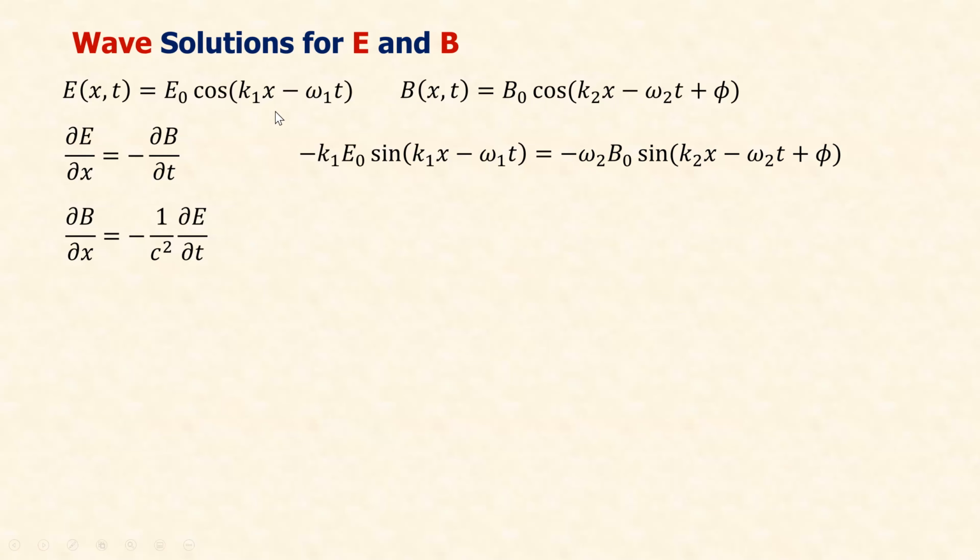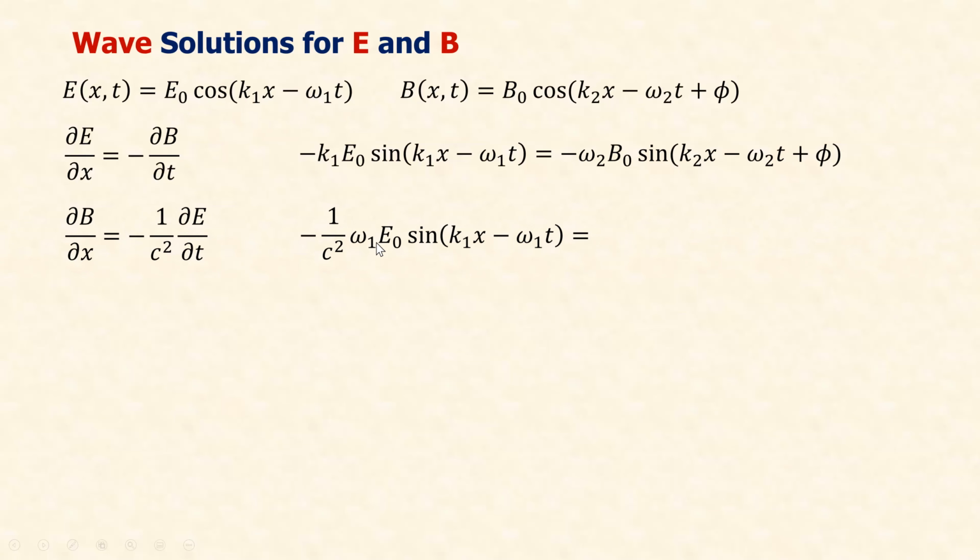And if you apply this one, negative 1 over C squared, rate of change of E with respect to T. So what is the derivative of E with respect to T? It becomes negative omega 1 E naught, negative sine of (K1X minus omega 1T), right? So there is a negative here, a negative from this one, and a negative from the derivative, three negatives, which gives you a negative.